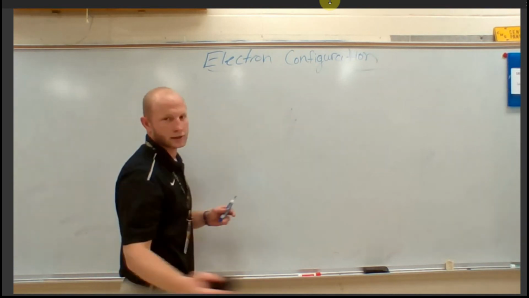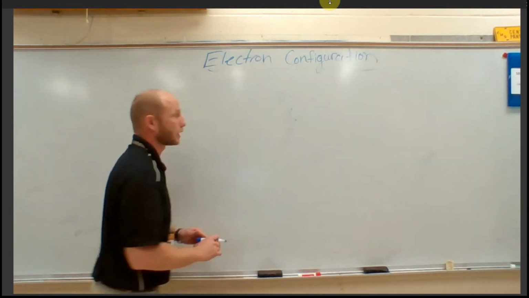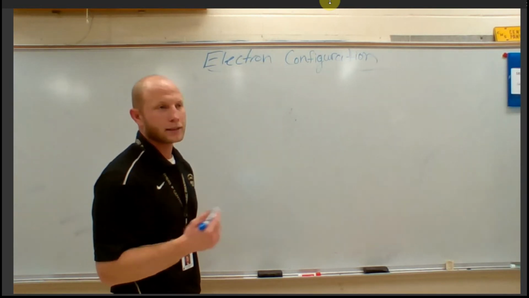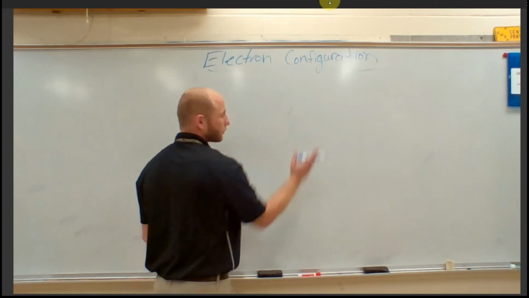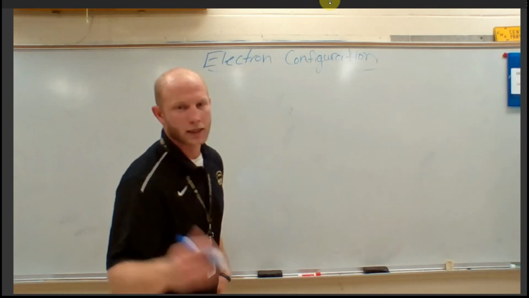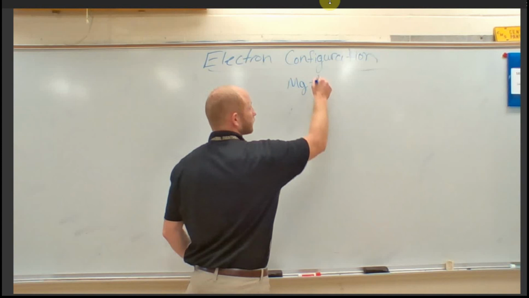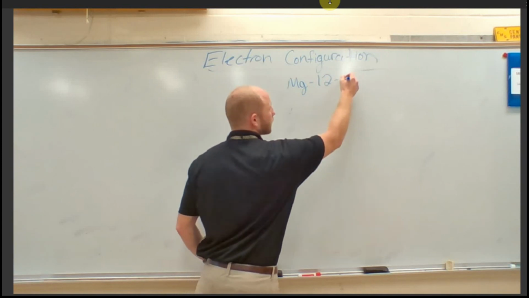Now, let's say if we want to do something a little bigger. And you can pause it at any time if you need to catch up if I'm going too fast. Let's say if we want to do something like magnesium. Okay, so magnesium, if you look on your periodic table, has the atomic number of 12. Right? So this means it has 12 protons.